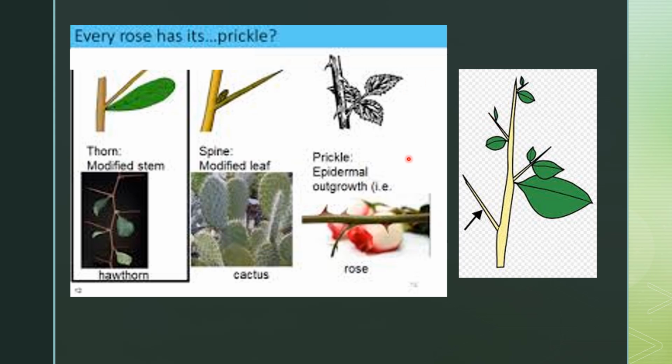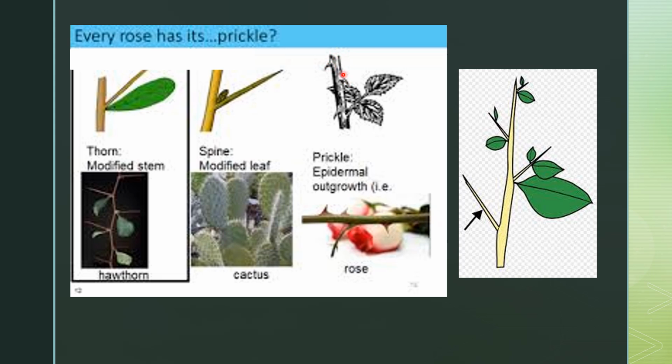And also there's another structure on the stem. It's pointed and also helps to defend the plant. It's called prickle. The prickle, you can find it on the rose plant.